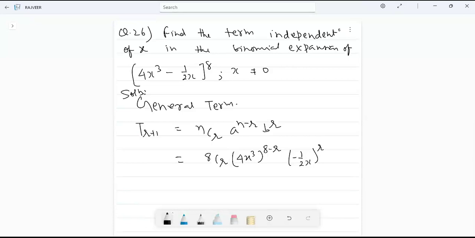Did you understand my question? You need to find the term independent of x. What does it mean? Explain it. Secondly, to get the term independent of x, what step are you going to take?